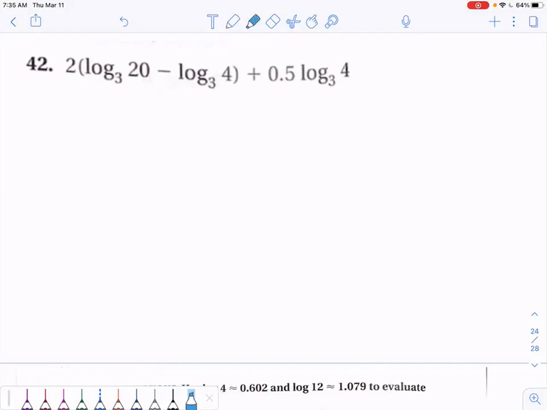You'd want to put the exponents back up to like where the log base 3 of 20 squared, and then log base 3 of 4 squared, and then plus log base 3 of 4 to the 1/2. So I agree mostly, but the squared is going to go on the outside.